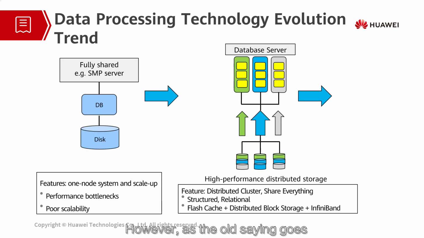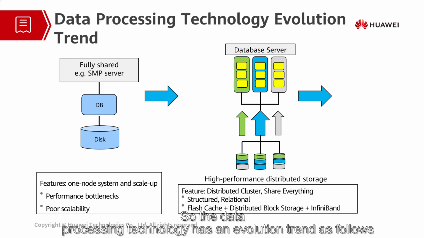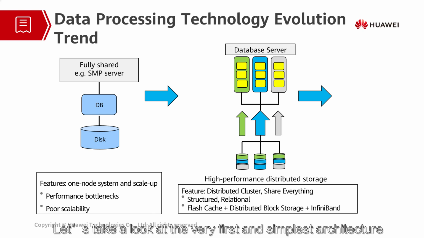However, as the old saying goes, Rome wasn't built in one day. So, the data processing technology has an evolution trend as follows. Let's take a look at the very first and simplest architecture.